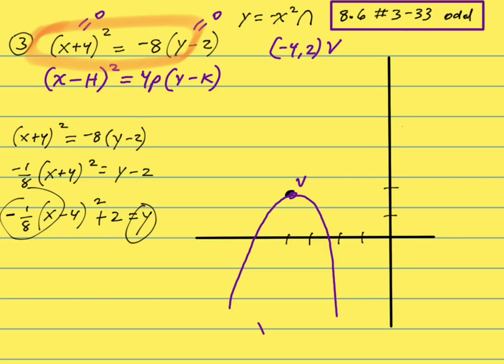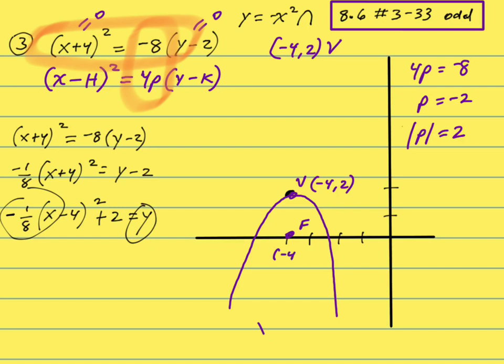My vertex was where? -4, 2. Can anybody look and tell me what P might have to equal? What does 4P have to equal? 4P equals -8, making P -2. I always look for the absolute value of P because I know it's a distance. So I go 2 to the inside to find my focus.